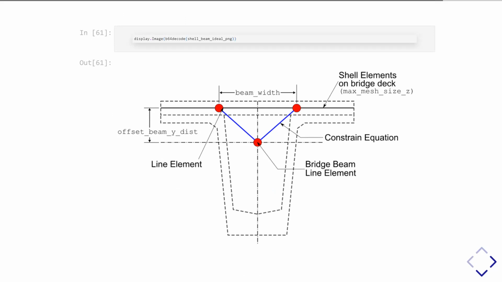So OpenSees Grillage also offers this second model type, and you can opt to model your bridge using this model type. Which is what we have here now. We're going to replicate the above example bridge really quickly with this second model type.